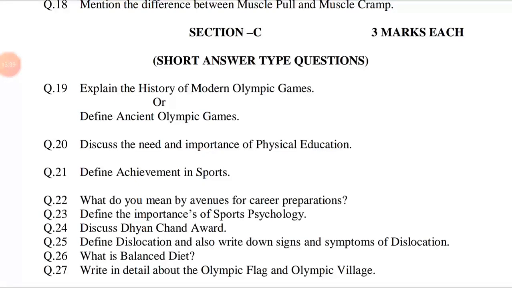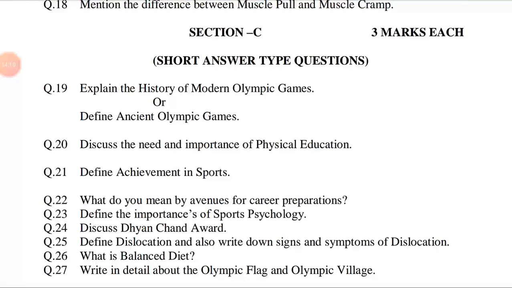The answer may be: who is Pierre de Coubertin, in which year he started his struggle to revive the modern Olympic Games. How many countries' representatives participated in the first meetings? In which year the modern Olympic Games started and in which country the modern Olympic Games were held?